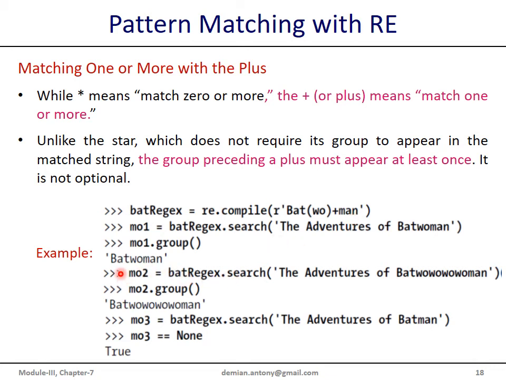You can see the result of this regular expression in these 3 different examples giving different input strings. Here you can see in the last example there is no Batwoman, only Batman. This will not be matched because WO has to appear at least once in the pattern.